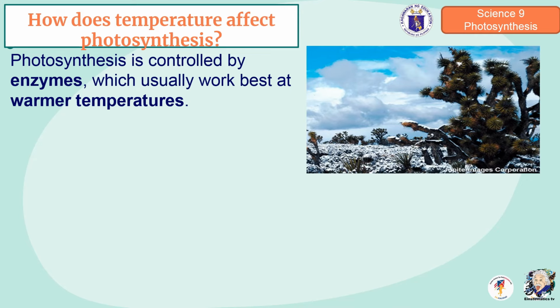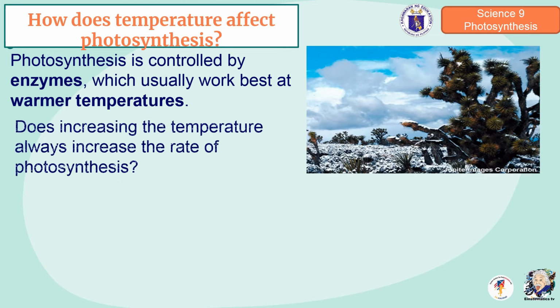Now let us explore how temperature affects photosynthesis. You should remember that photosynthesis is controlled by enzymes, and it usually works best at warmer temperatures. So if it gets too cold or if it gets too hot, then the rate would be reduced. Now, we already know that an increase in temperature is somewhat beneficial to the plants.